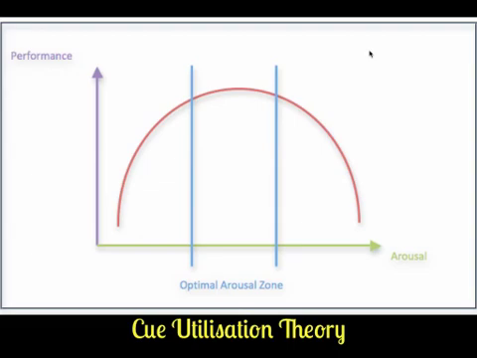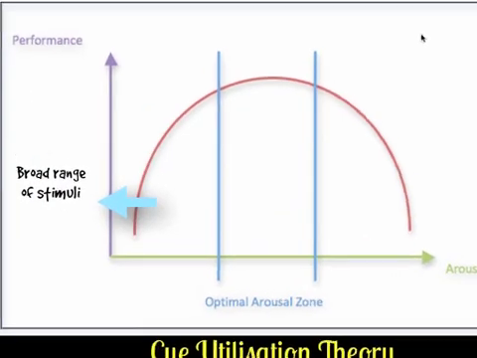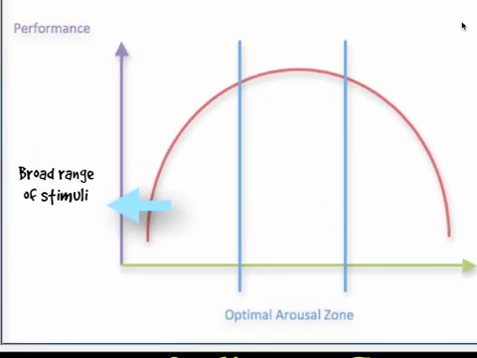For example, if your arousal level is low and you are in a game situation, it could be netball or basketball or football, one of those games where there are lots of multiple choices and lots of decisions to be made. If your arousal levels are low, what cue utilization theory suggests is that you have too many stimuli to focus on, and what that's called is your perceptual field. And it means your perceptual field is too wide, there's too much to think about.